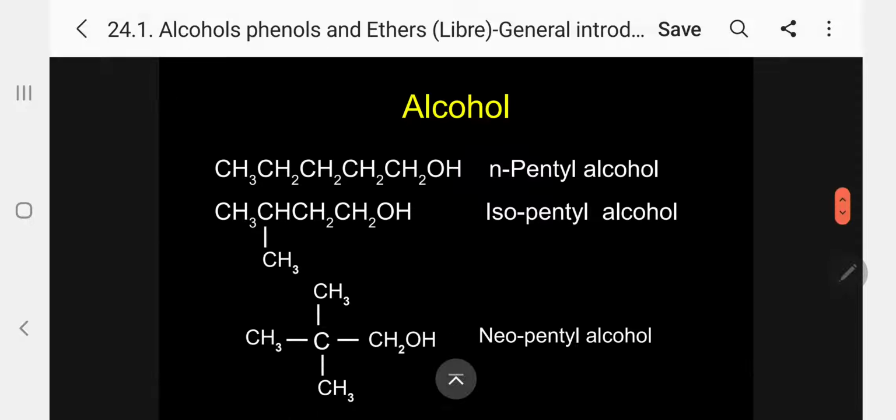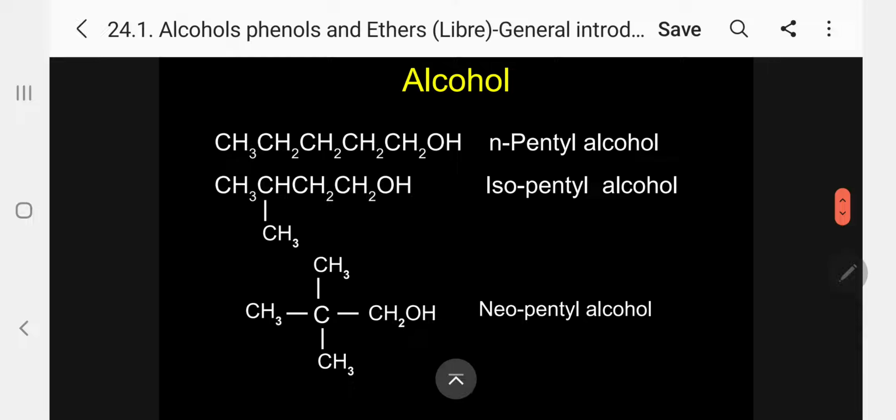Now coming to alcohol common names based on the chain. I have already informed you. Commonly, the common name will be based on three ways: one is the source, another is the nature of the chain, and the third is the position of the functional group.